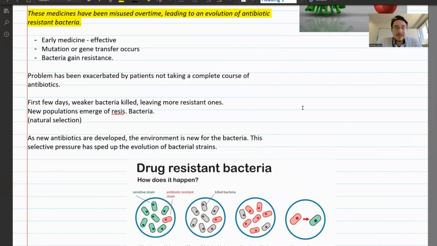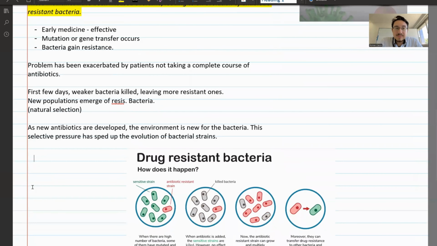Maybe some of you do that. Maybe some of your parents do that. But if you do that, you feel better, but you're not killing all of the pathogenic bacteria that are making you sick, right? What happens is that the weaker bacteria get killed, but the more resistant ones thrive, and you get these new populations.